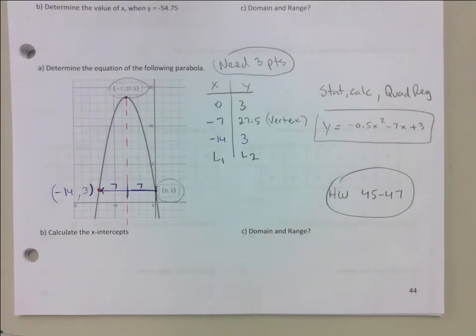Your main goal, guys, listen to this part. Your main goal is to be able to come in tomorrow, and if I give you a bunch of numbers, a table, I need you to go equation. Okay? That is your task for tomorrow, to be able to do that. If you think you need extra help, come and see me at lunch.